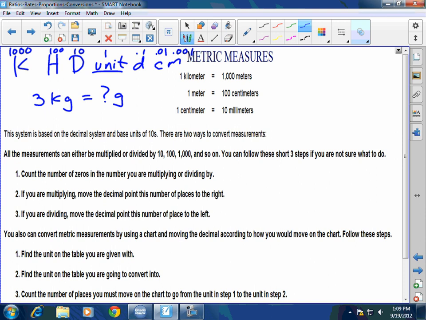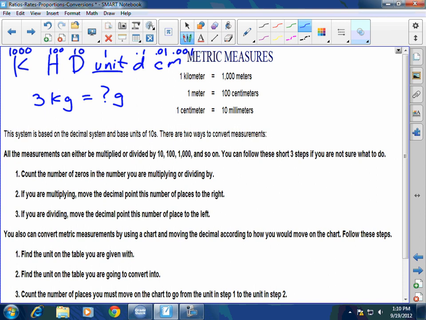Since I have 1,000 grams in 1 kilogram, right? Kilograms are larger than grams, correct? Right? So now, that's where it gets a little bit confusing. It's not the same as our conversions with the English system. We had said that when it's going from large to small, you actually, no, you do multiply.